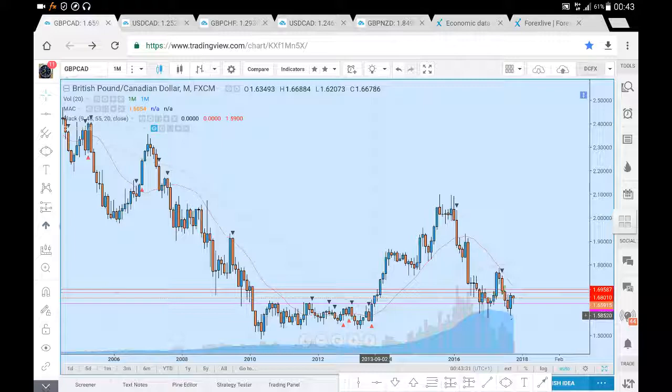Now, on a monthly chart, last month the selling stemmed. Previous to that, we had 4 consecutive months of selling, which was overall bearish for the pound against the Canadian dollar. But last month the selling was stemmed in and around 158. We did have some buying around that 158 level previously earlier this year, where we went as low as 157.36.